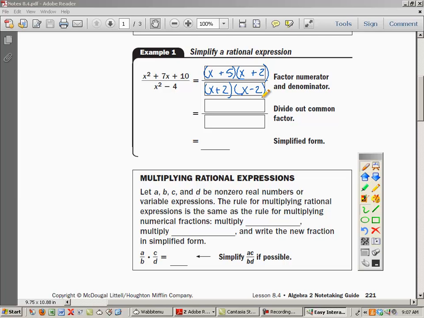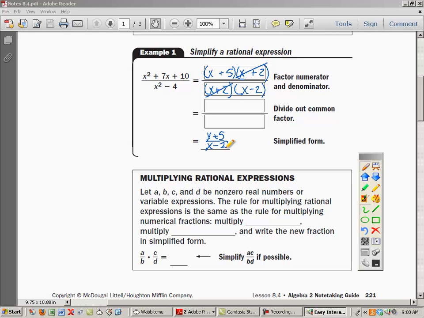You'll notice that both the top and the bottom have an x plus 2, so we're going to divide that out. We end up with x plus 5 over x minus 2. We get rid of that common factor of x plus 2 in both the top and the bottom, and then we just rewrite the fraction.